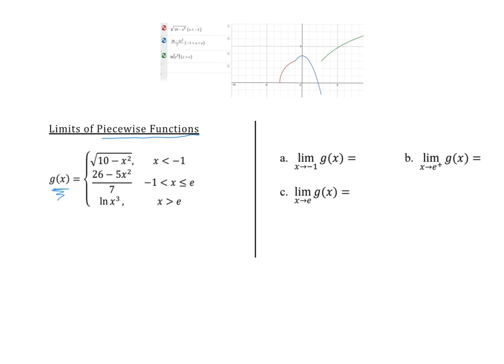All right, so now I don't want to use the graph to answer these. Let's do the limit as x approaches -1. So for a limit to exist at -1, that means as x approaches -1 from the left, and as x approaches -1 from the right, they have to be equal.